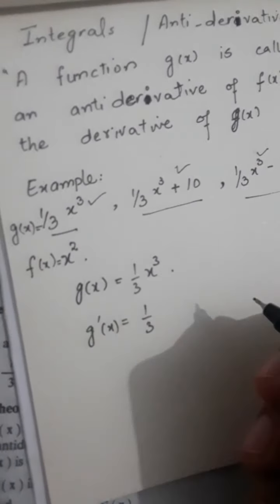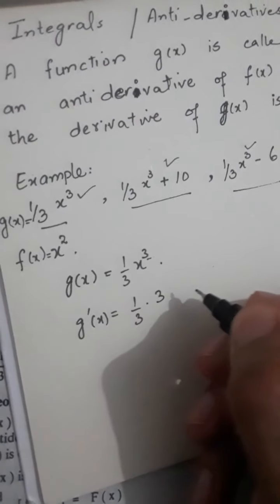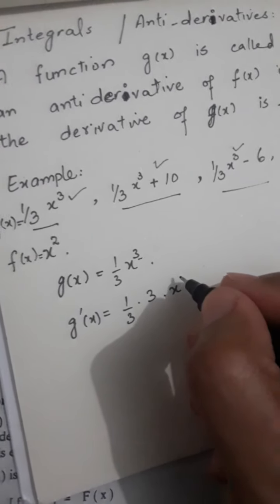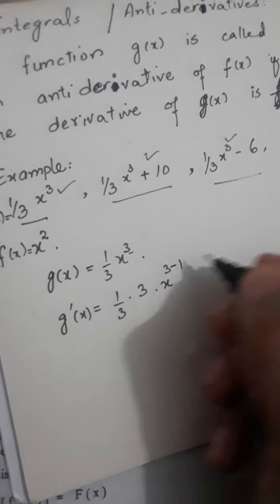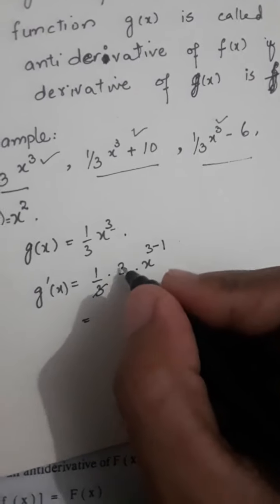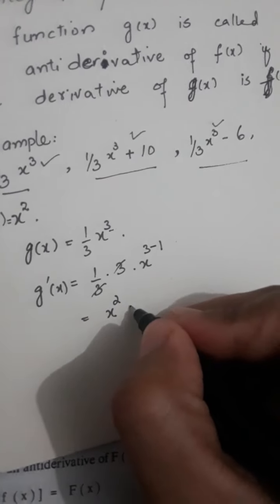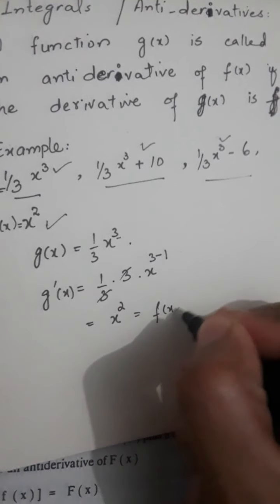The constant is written as such, the power is written as a coefficient, and the variable is written with its power reduced by 1. So 3 and 3 will cancel out and we are left with x, and 3 minus 1 gives us x squared, which is of course our f of x, right?